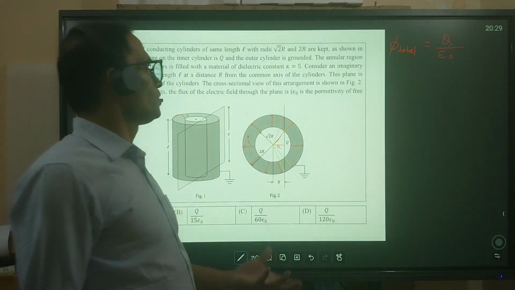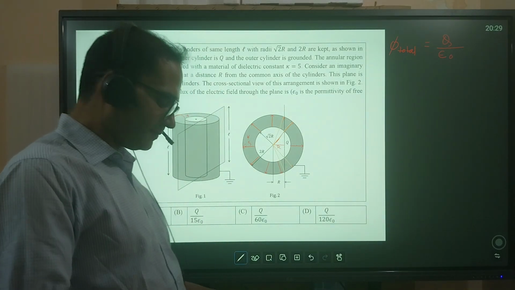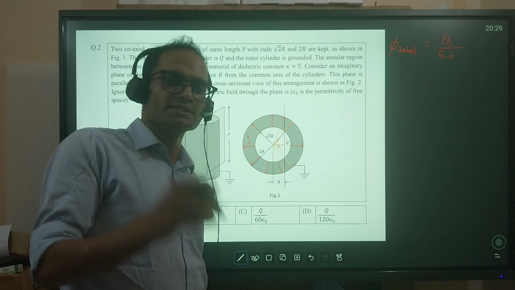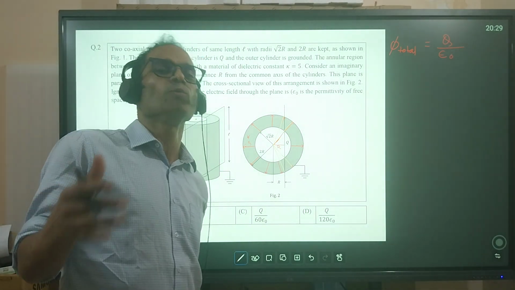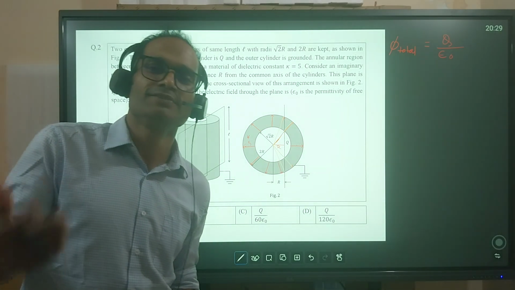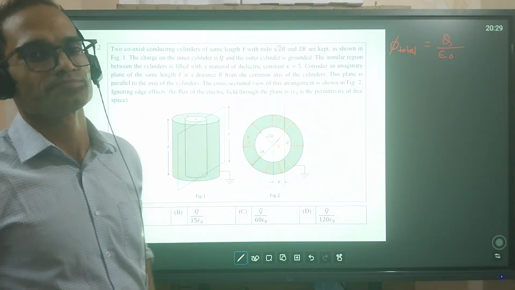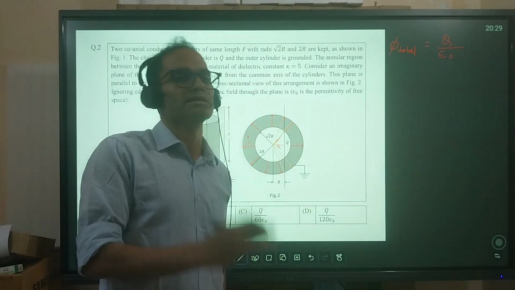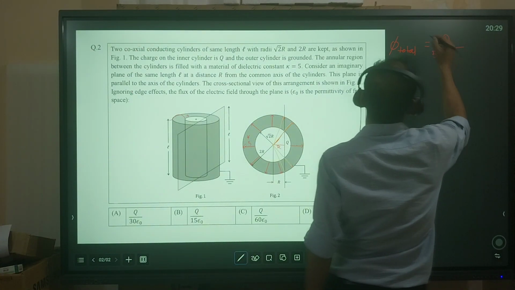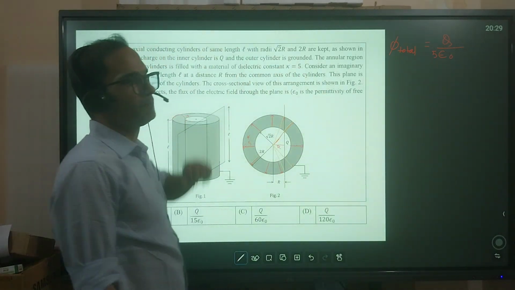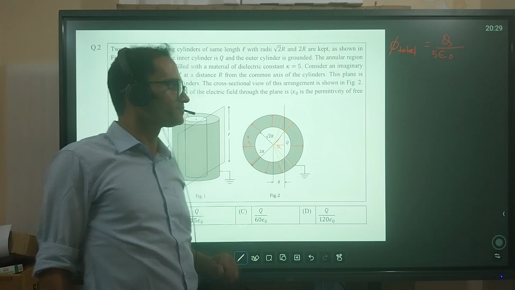But this is when there is no dielectric material. Right now we have a dielectric material. The bound charge is still q, but the effective charge will be q by 5, and the effective electric field everywhere will decrease by a factor of 5. So instead of q by epsilon naught, I will write q by 5 epsilon naught, because kappa is 5.